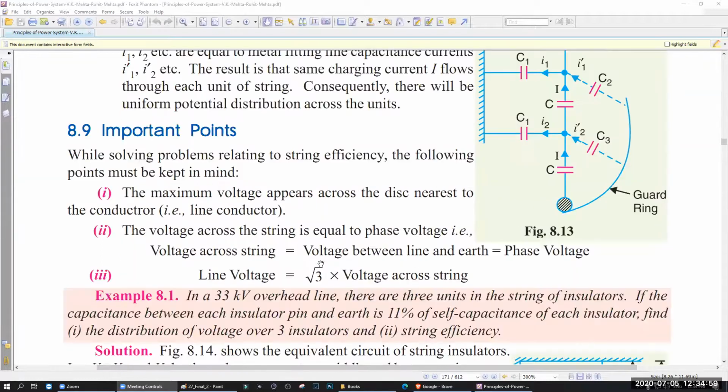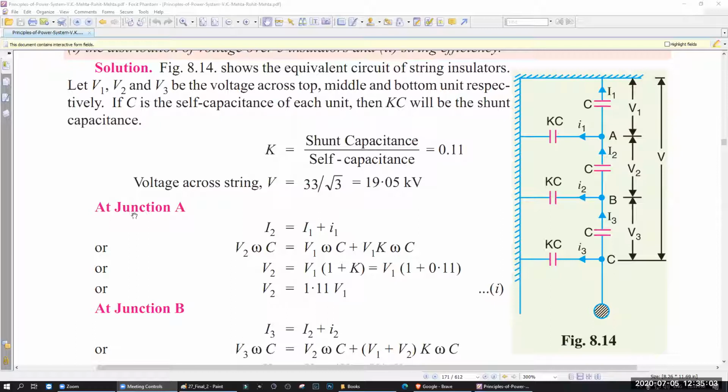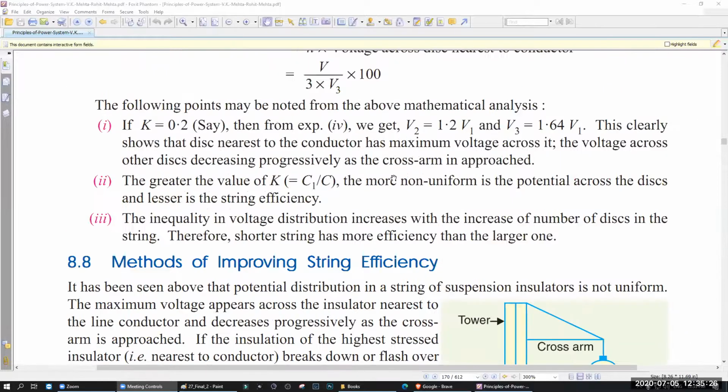Okay. Now here, one important thing. You can apply this KCL thing every time, or you can memorize the formula. What is the formula? Okay, this one, right? Like this formula.